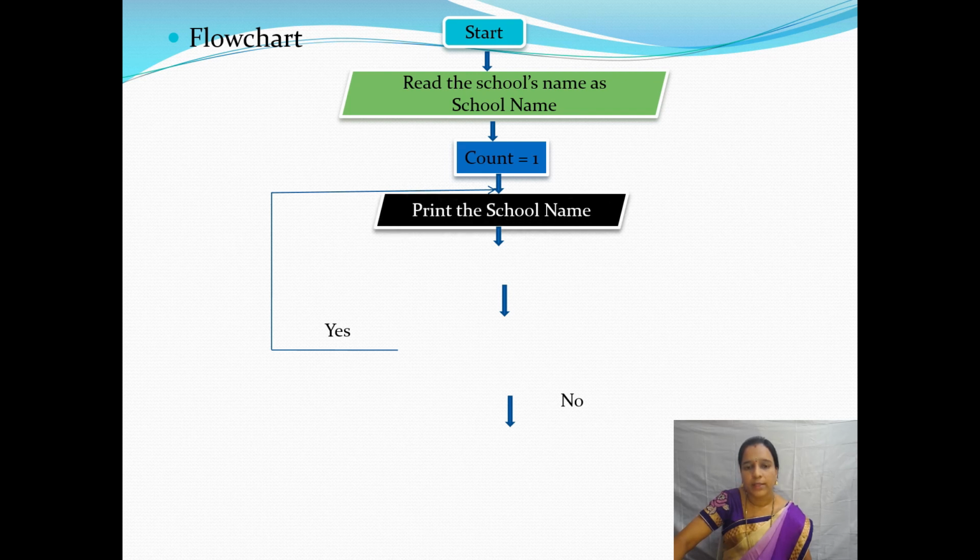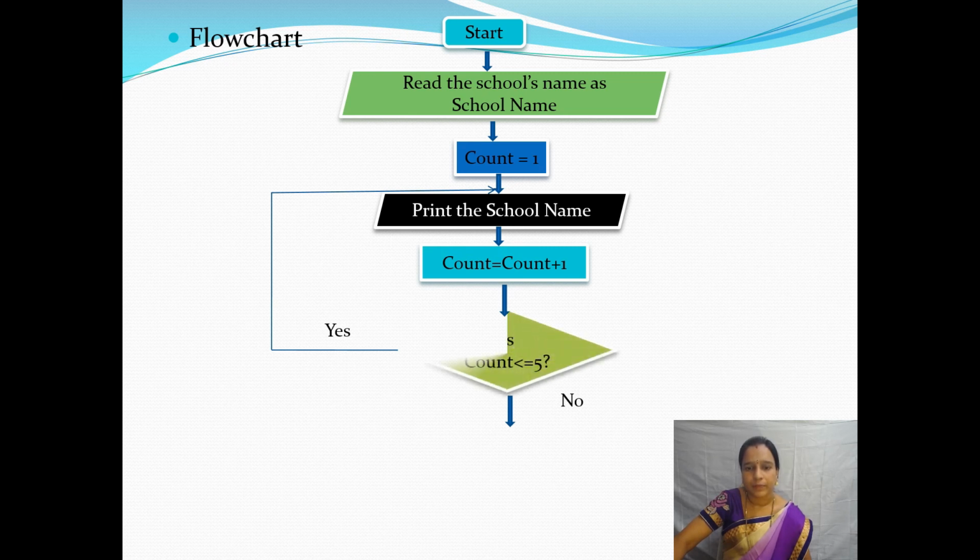Then print the school name. What are we printing, children? The school name. Count equals count plus 1. Then the decision box: is count less than or equal to 5? Then stop.